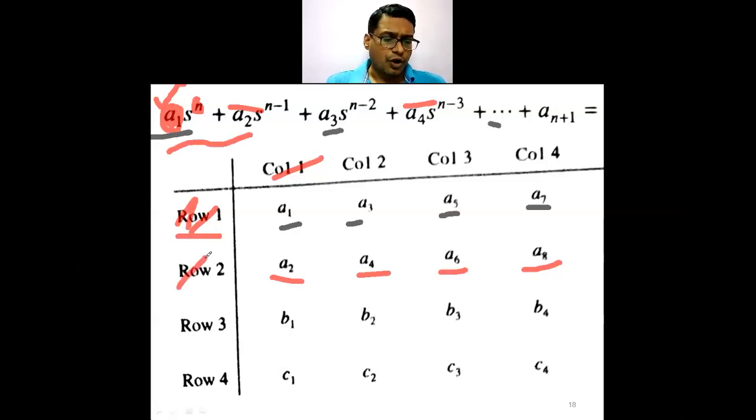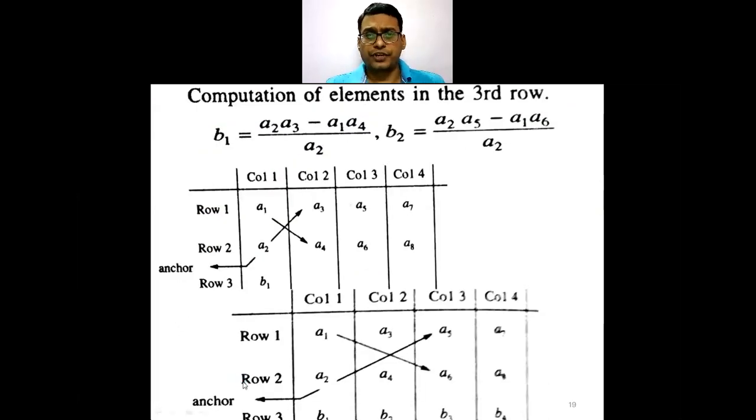Right? Now, how do we obtain the coefficients for the third row, fourth row? That is to be calculated with a certain formula. B1, which is in row 3, is calculated as (a2 a3 minus a1 a4) upon a2.